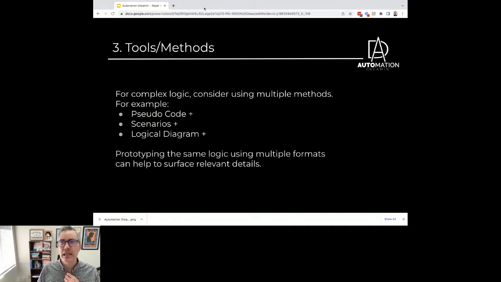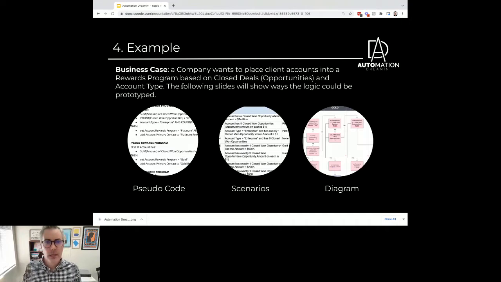So I'm going to go through an example. The business example that we've got here is we have a company, and the company wants to place clients into a rewards program. And they want to do that based on closed deals, opportunities, and the account type.